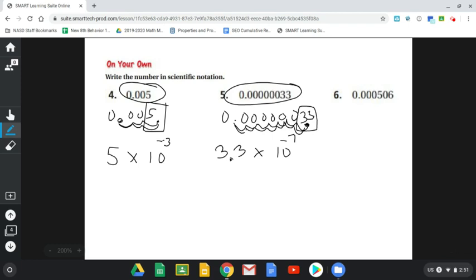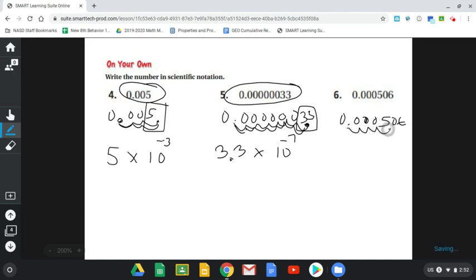In number 6, I'm going to rewrite the number. So my number is 0.000506. Okay. I'm going to move my decimal point past the first number that's not a 0. 1, 2, 3, 4.